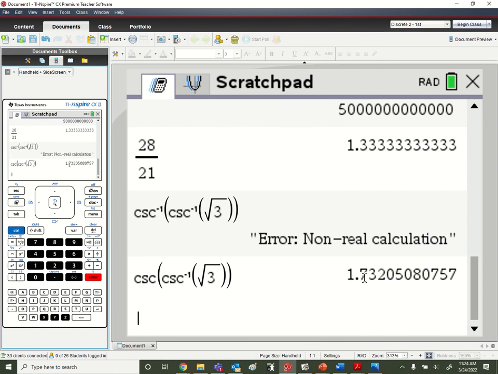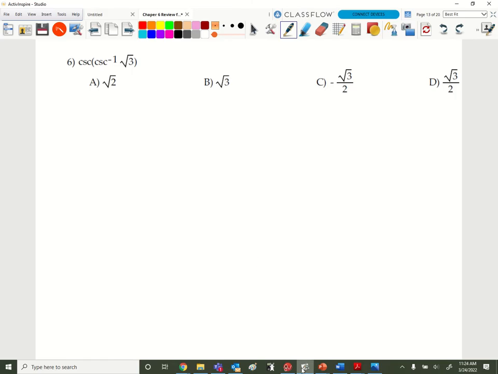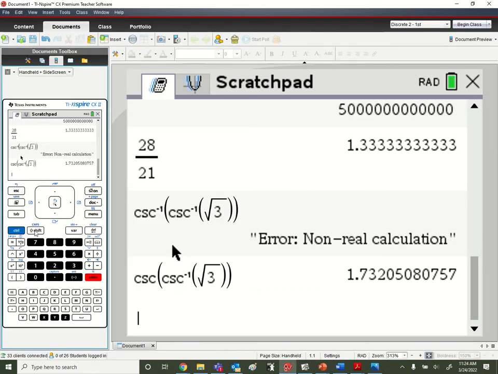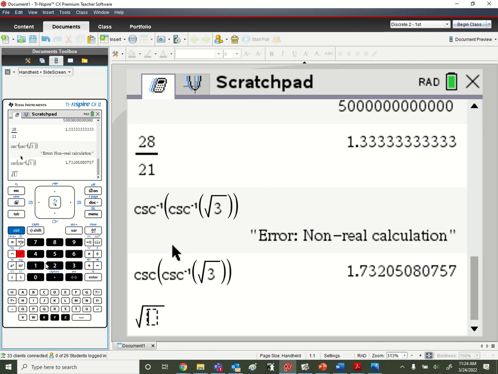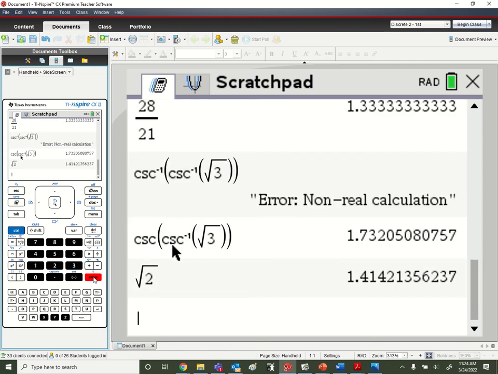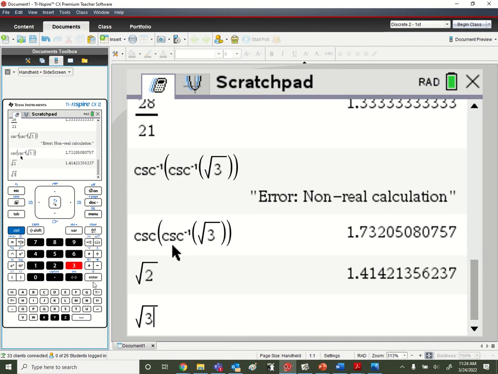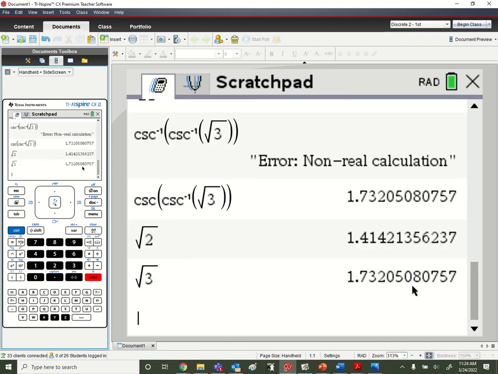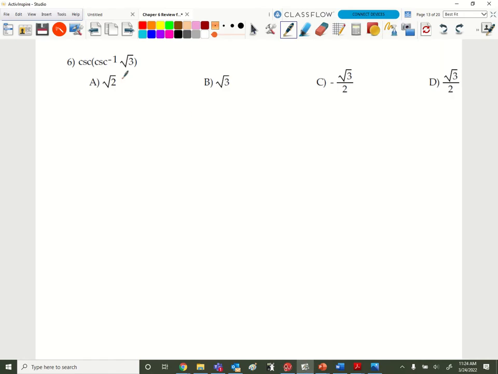So 1.732. So let's go back and check our answers. Root 2. Nope, that one's not it. Hey look, it matches this one right here. So whatever root 3 is my option. So that means my answer is B.